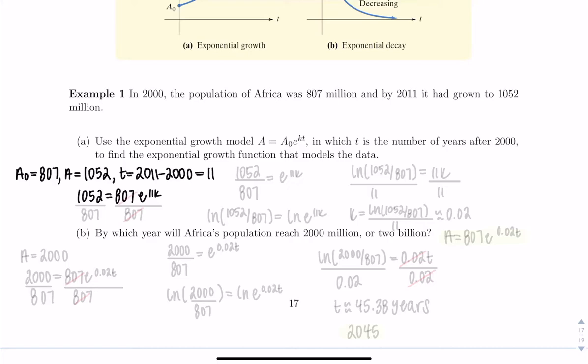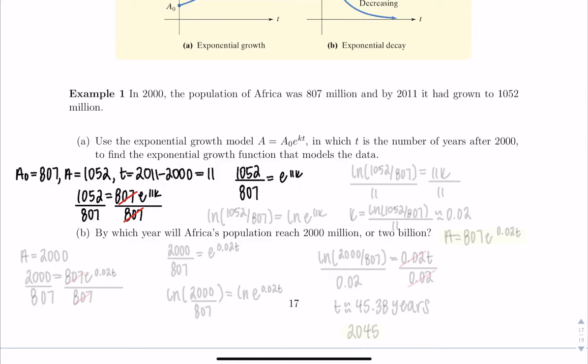We want to get the exponential part by itself, so we're going to divide by 807. So we have 1052 divided by 807 equals e to the 11k.